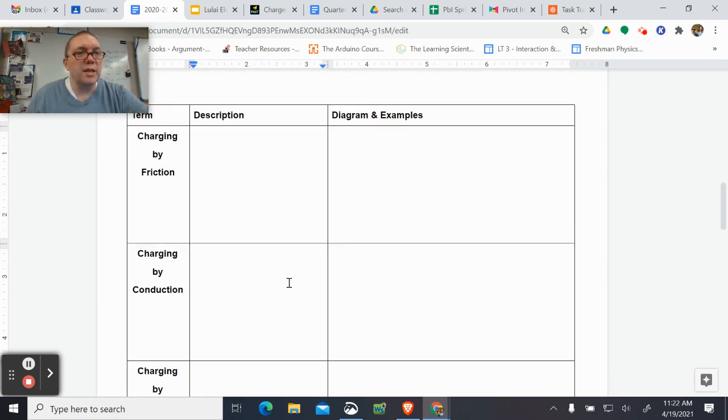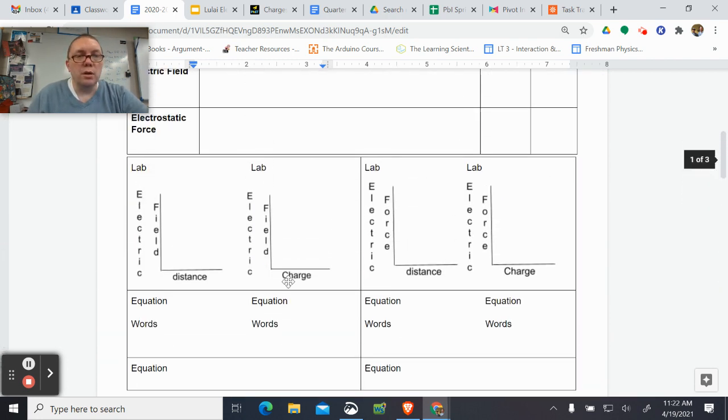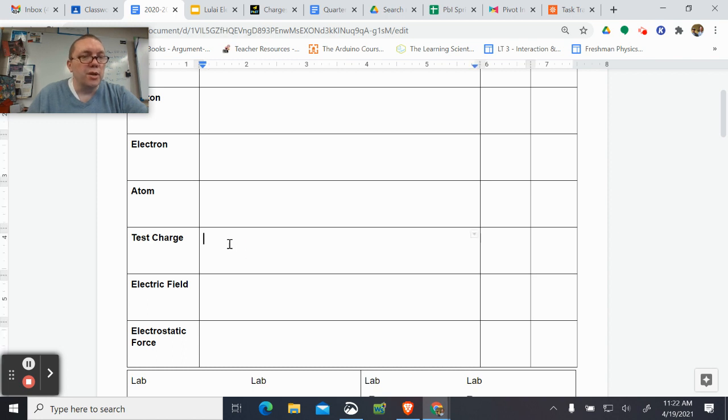I'm hoping that's enough time. Now on the front page, here's test charge. A test charge is an imaginary positive charge that is really small and does not produce its own field.